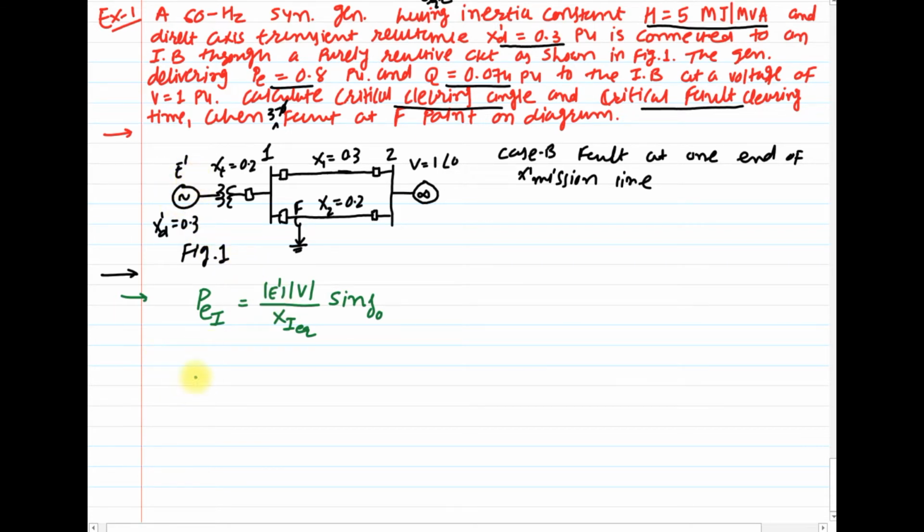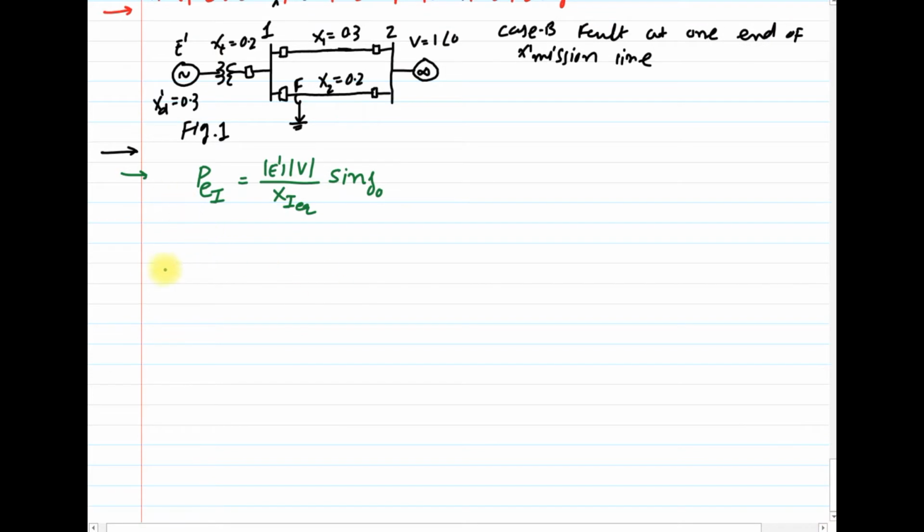So we need to calculate E dash, that means not the generator terminal voltage, but the EMF generated by the machine. Just recall the previous theory or example of steady state stability analysis, where we calculated E dash using the equation V plus jX1 equivalent into I, that is, V plus jXI. Clear?